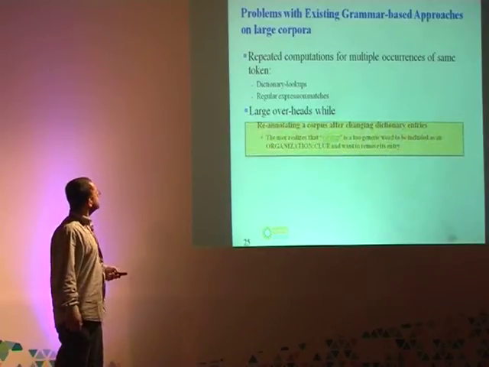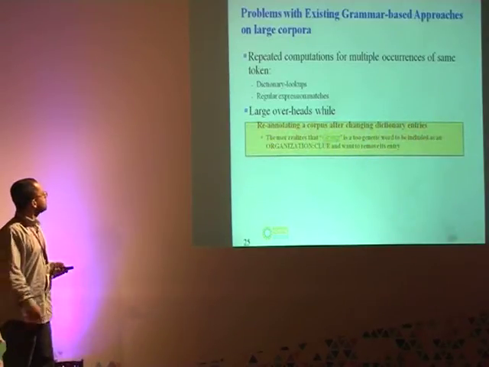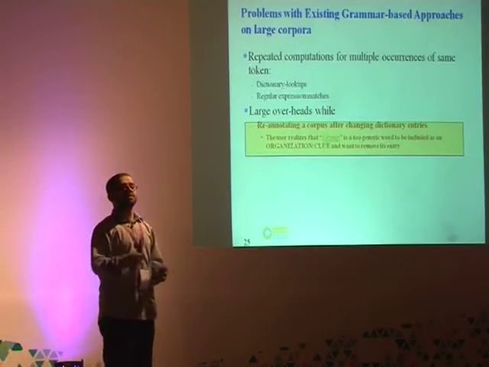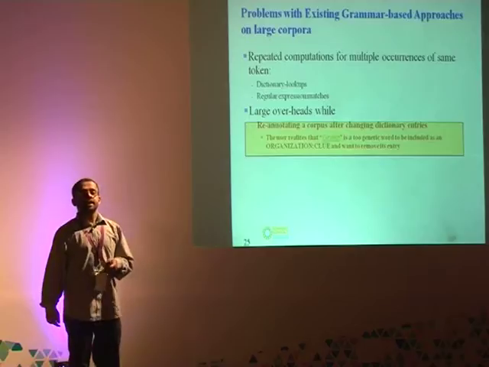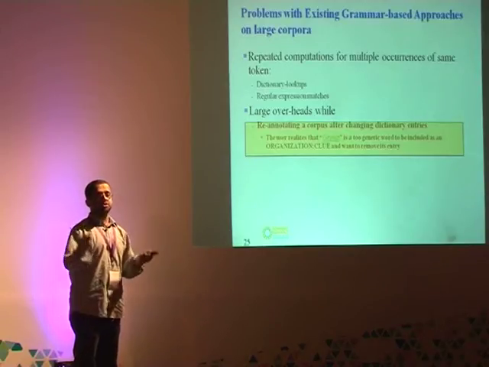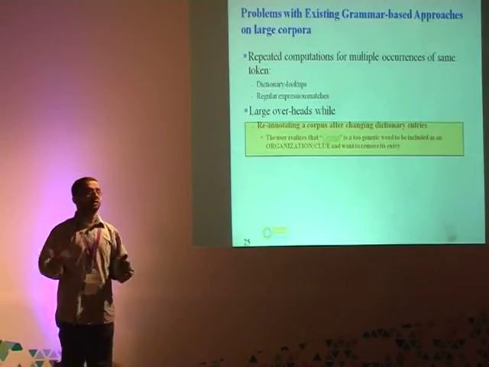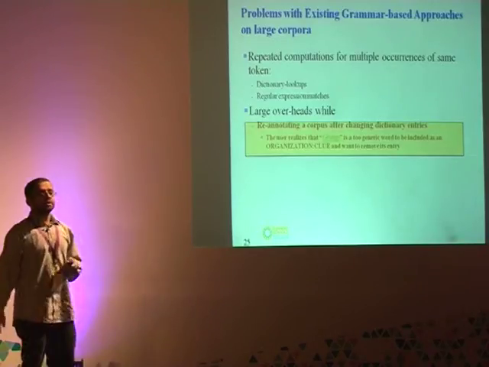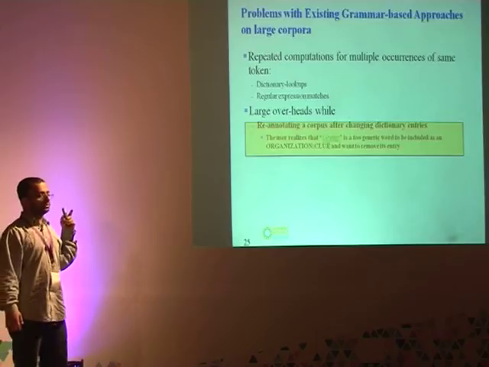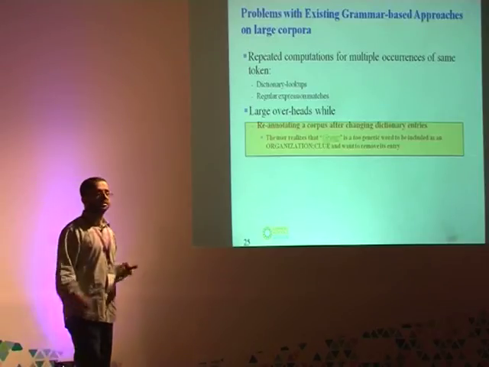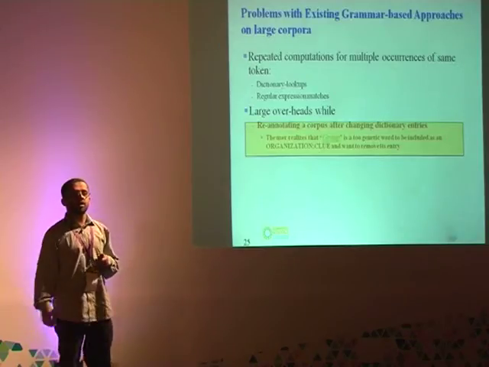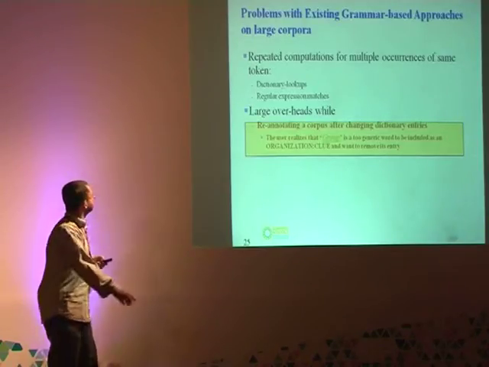There are also large overheads when you re-annotate a corpus after changing dictionary entries. So let's say you have a person sitting with the rule base. He makes some small changes and he wants to make sure that the changes are reflected as he desires. Unfortunately, he'll have to subject the entire collection to the rule base and then make an observation, either in terms of summary numbers like precision and recall or in terms of spot checks.